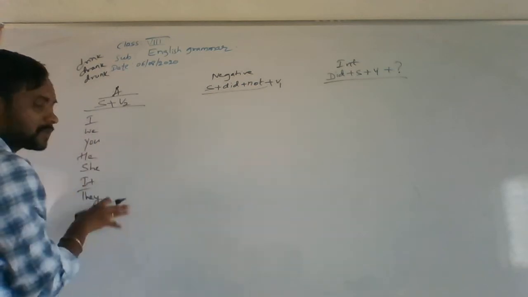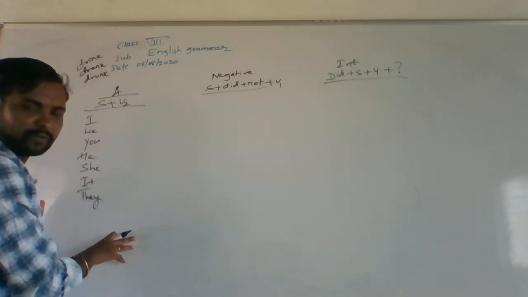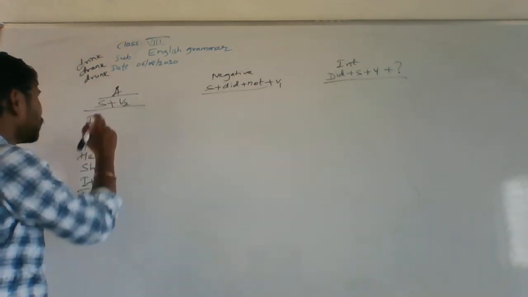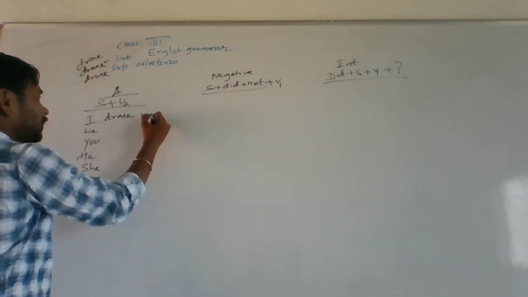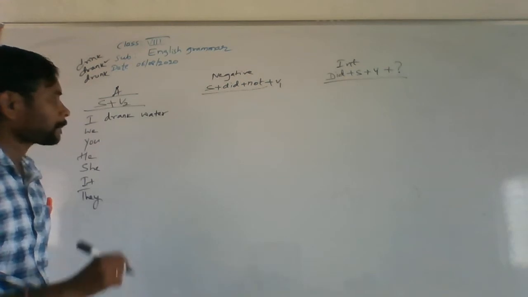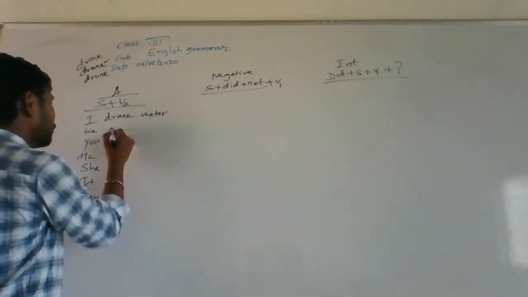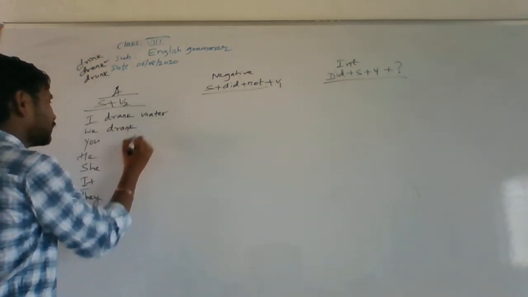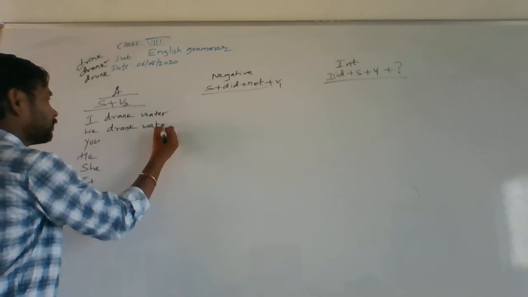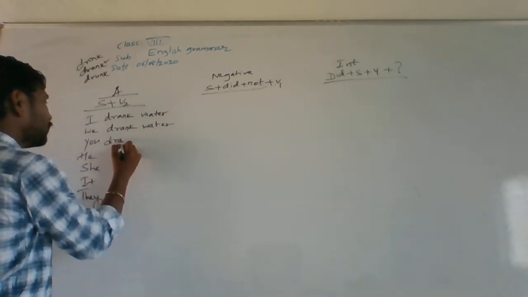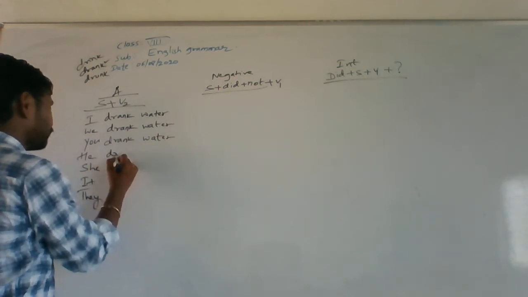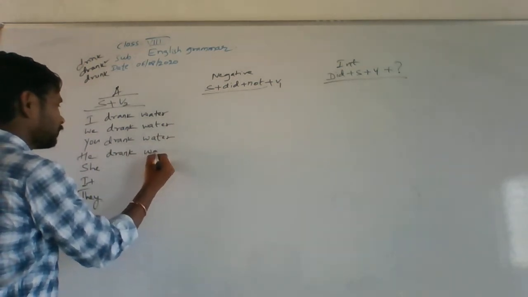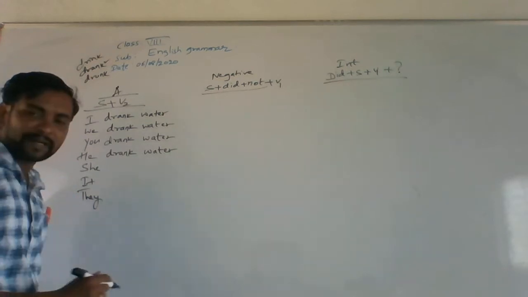So what do you want to use here, V1, V2 or V3? V2. It means drank. I drank water. Everywhere we write the same, drank water. No more changes.